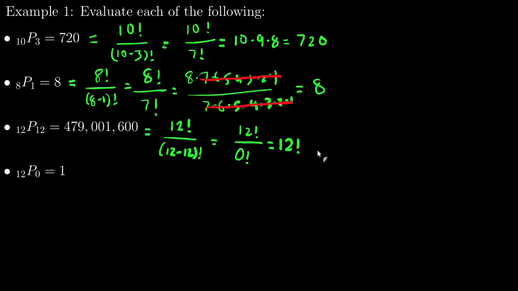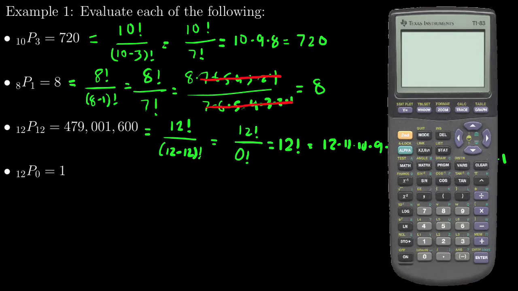And either I can do the work longhand, 12 times 11 times 10. And if you really love multiplying numbers together, you can just give yourself some factorial problems and go to it and have a ball. But I don't love it that much. I would go to the calculator for this.